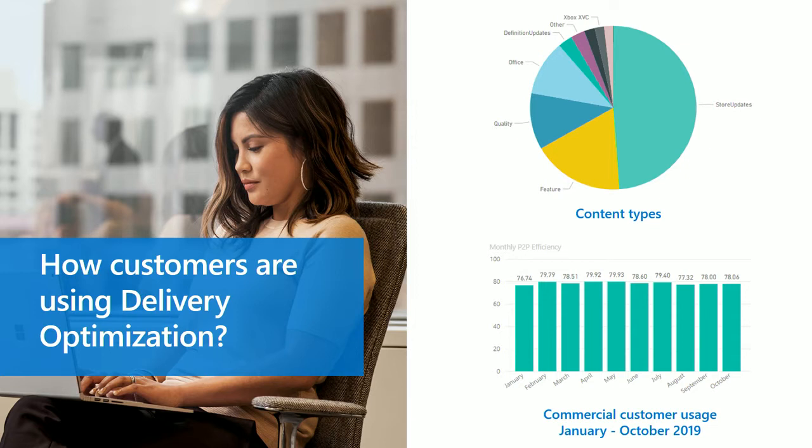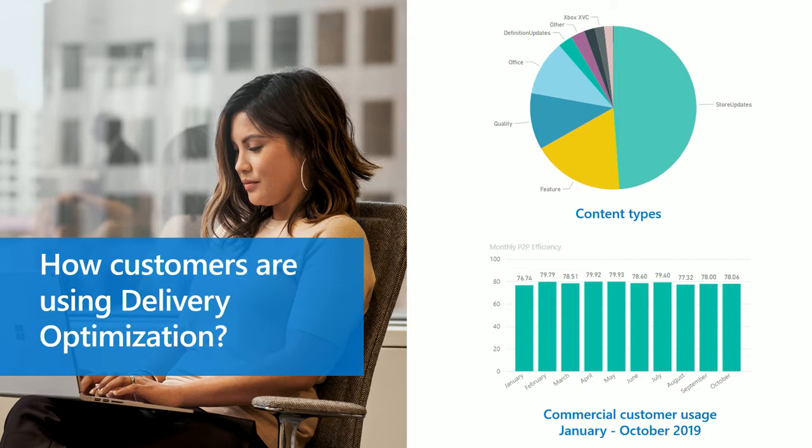The bigger piece of the pie there is Windows Store apps. And really in terms of the ability to host content locally, even if you're 100% dependent on SCCM and distribution points, today delivery optimization is the only way for you to manage those apps and reduce the bandwidth impact. So that's really the reason this is the biggest piece on this pie.